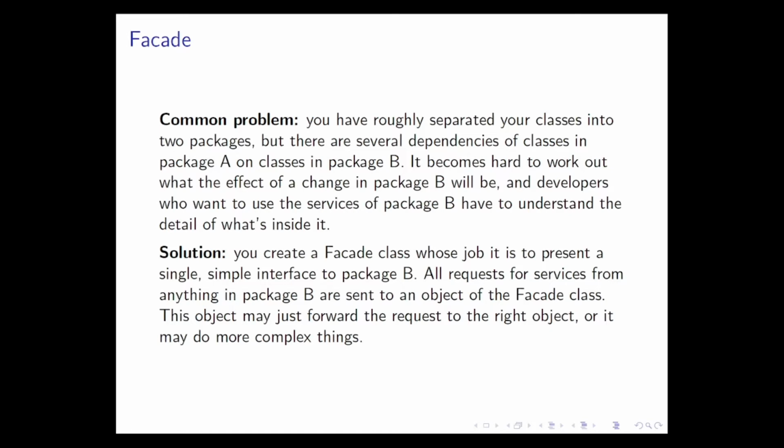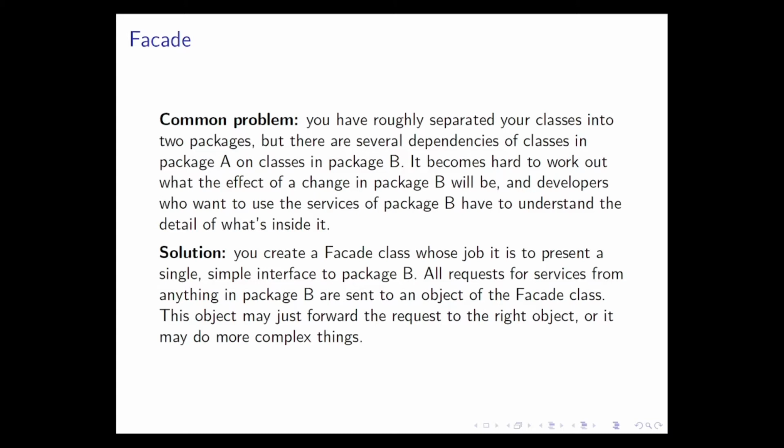And this is particularly embarrassing if the package which is the target of many dependencies is itself really a bit of a mess and you'd like to redesign it without having to go back to the clients the whole time and have the clients update their clients for your next stage of your redesign of the messy package.